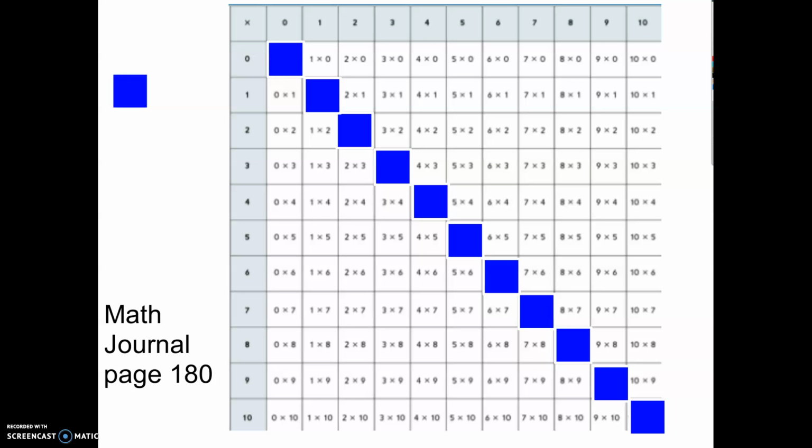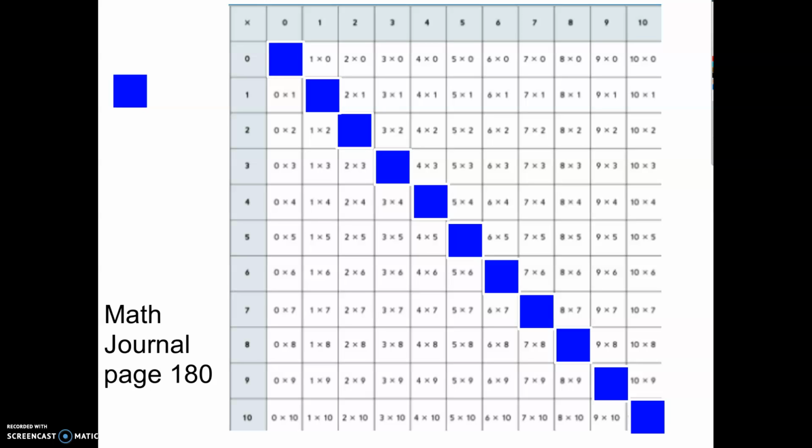So what do you notice about the location of the multiplication squares, or the square facts on the chart? Well, the squares show diagonal. The squares form a diagonal because the 2 factors are the same.